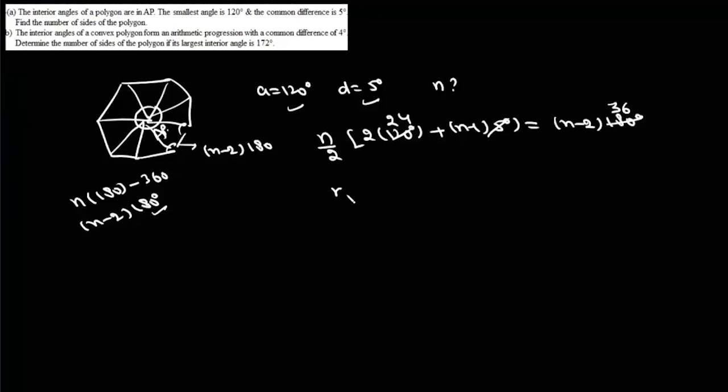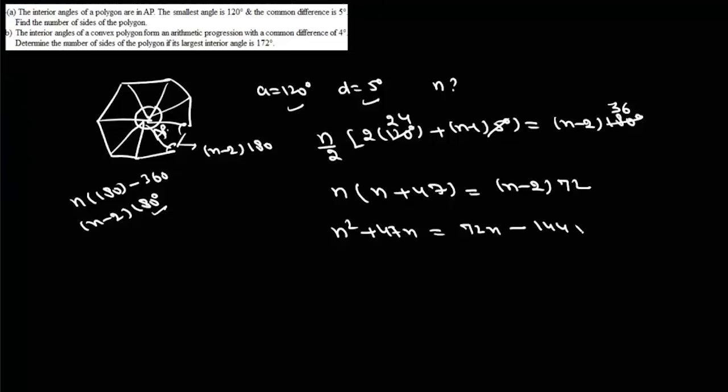Now this is n, and here it is 48 minus 1, n plus 47, and here will be this n minus 2 into 72. So we'll write n square plus 47n is equal to 72n minus 144. So it will be this n square minus 47 minus 72.